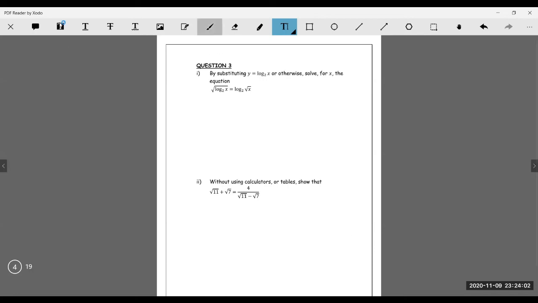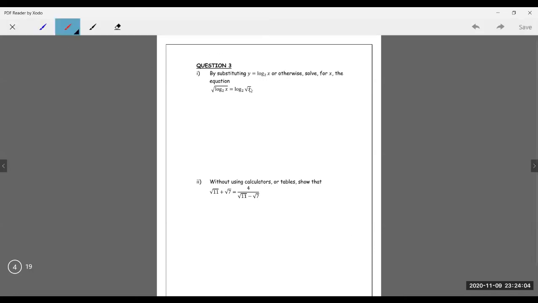Alright, now what I do before I would substitute is, right here it is log root x. What I'm going to do is rewrite log x to the half. Exactly. Nice.